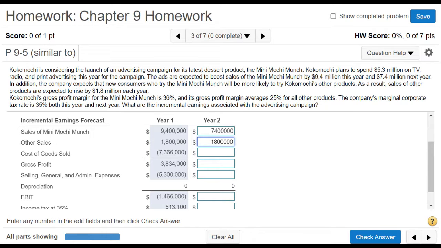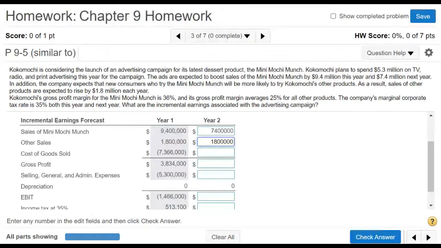Wait, could you repeat what I'm adding? You're adding the cost of goods sold. So you're doing 0.64, which is 7,400,000 times 1 minus 0.36.